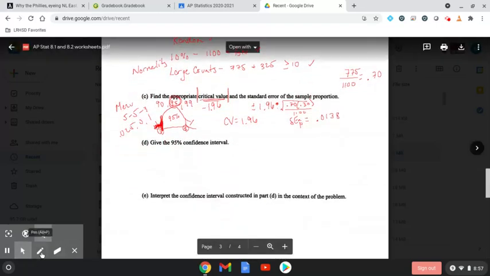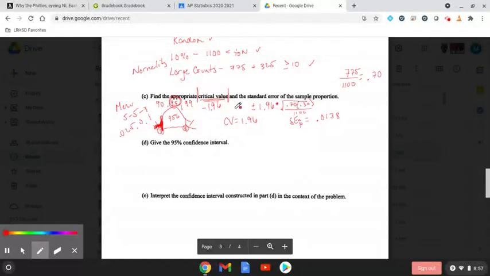All right. Where are we here? So if we have to construct this confidence interval, our statistic, right, that's our sample, our point estimate, that number would be 0.7, right? 0.7, 775 out of the 1100, plus or minus 1.96 times 0.0138.